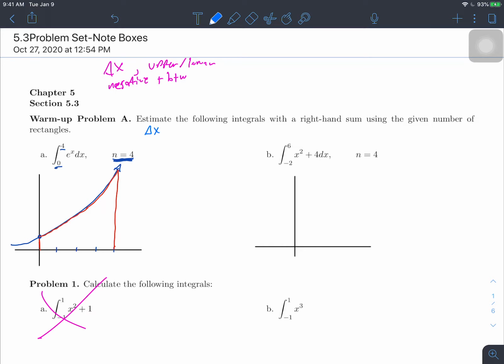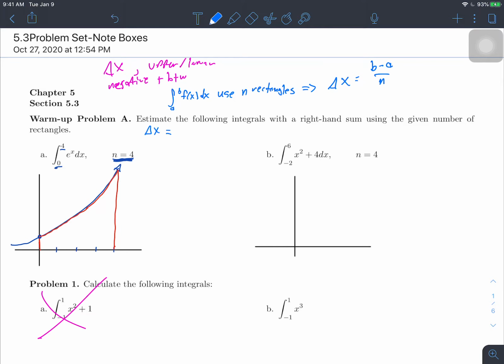The way we find delta x for a Riemann sum problem, say we were doing the integral from a to b of f of x dx and using n rectangles, delta x is going to be equal to (b minus a) over n. So what is this top thing? The thing on the top, b minus a, that's the width of our interval. We divide it by the number of rectangles, and that's how we get the width of each rectangle.